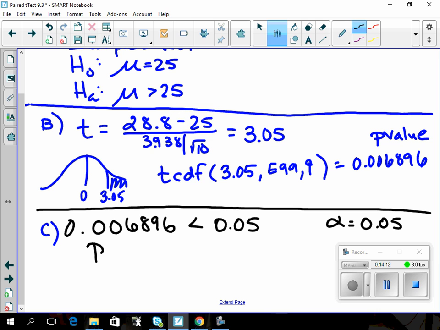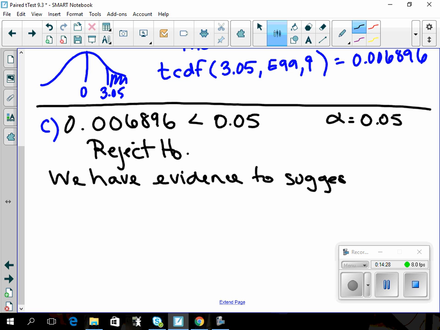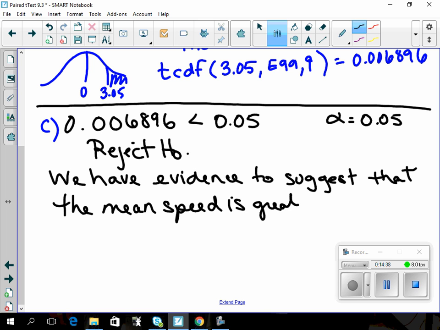We need to write the words reject the null. And then you have to have a conclusion in context, which is going to be something along these lines. So we have evidence to suggest that the mean speed is greater than 25 miles an hour.